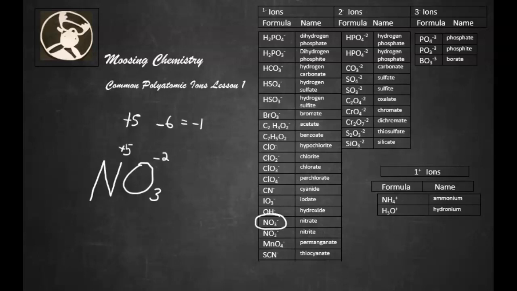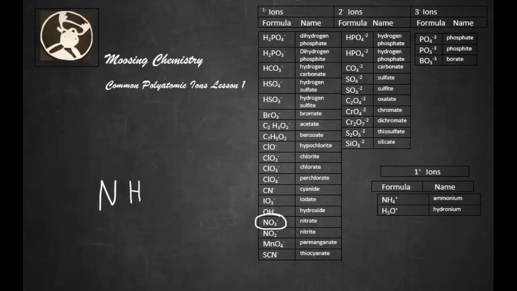Let's do one more. Let's look at a positive ion. Let's see how that would work. All right, so we're going to pick ammonium, NH4+. Now in this case, nitrogen is in the cation position, so it's going to have a +5 charge. Hydrogen, normally you think hydrogen's in group 1, it has a +1 charge.